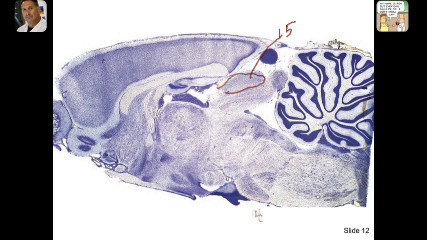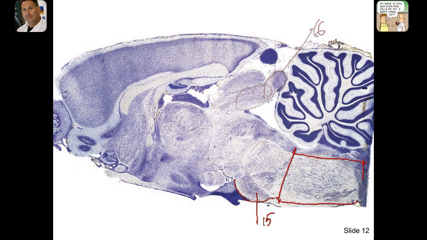Oops, all of this, pons is here, the medulla, fourth ventricle, cerebellum.